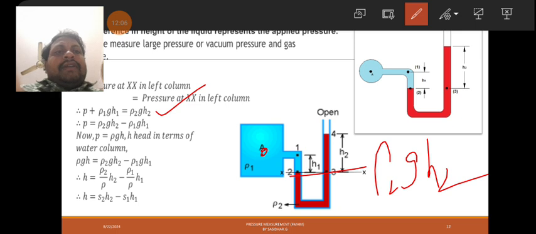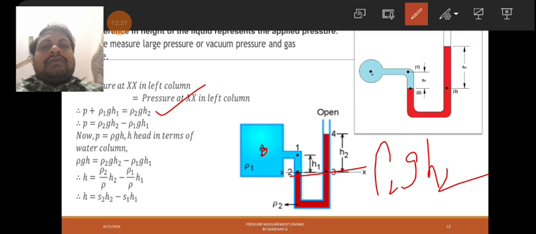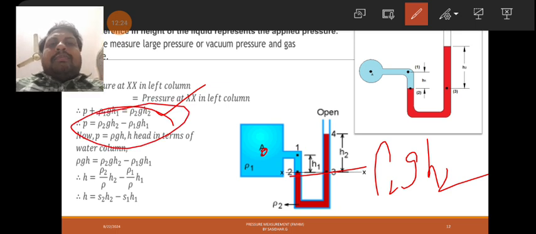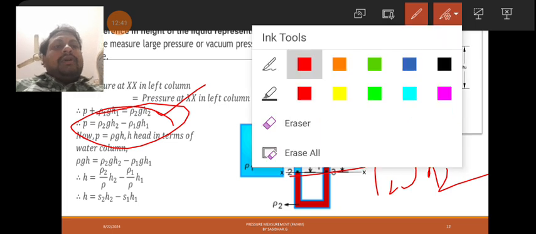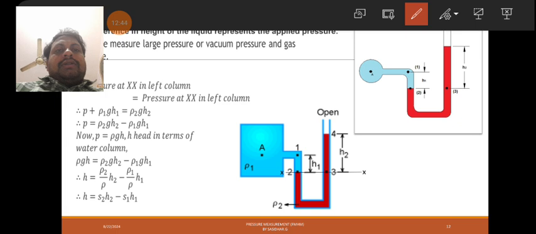So P plus ρ1 g H1 equals ρ2 g H2, and finally P equals ρ2 g H2 minus ρ1 g H1. In this way we measure pressure by using U-tube manometers.